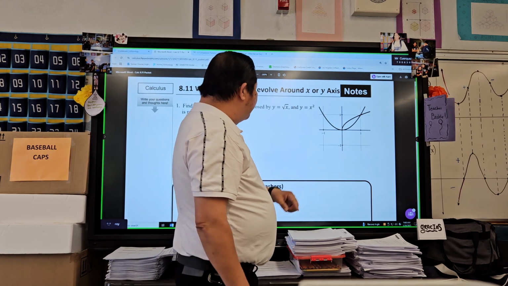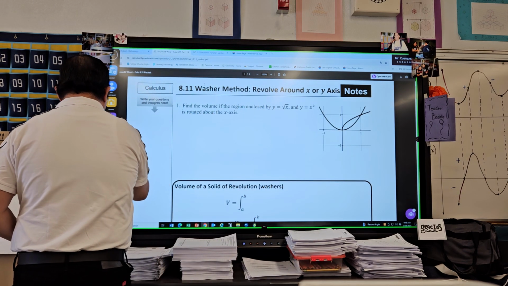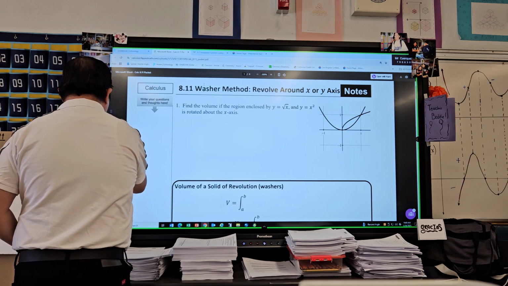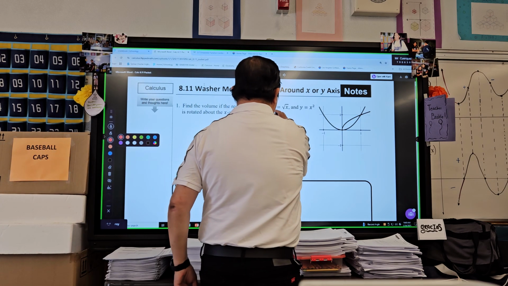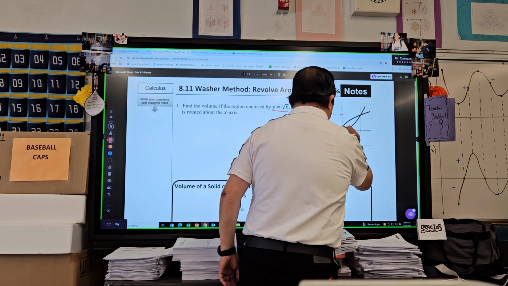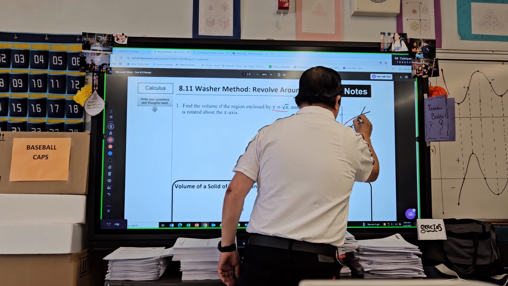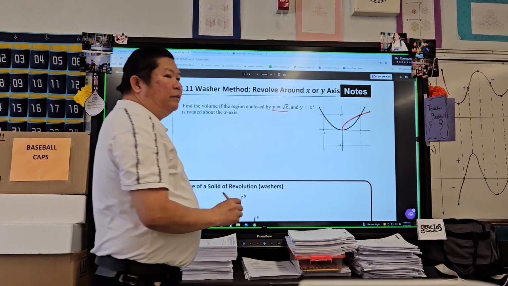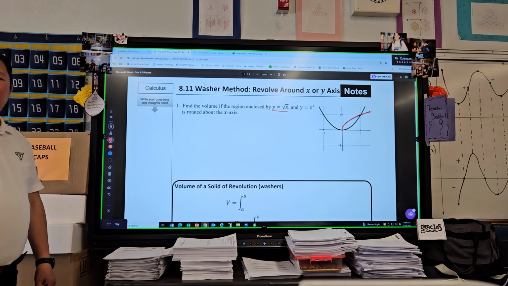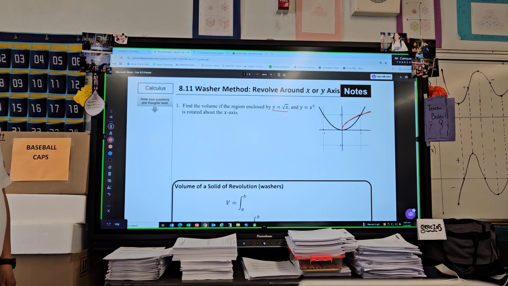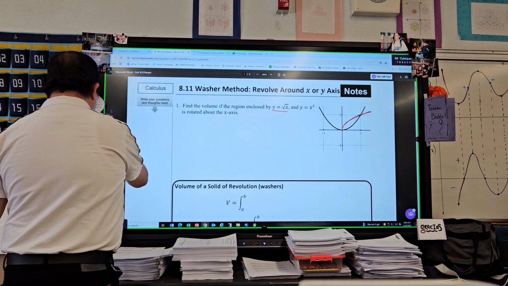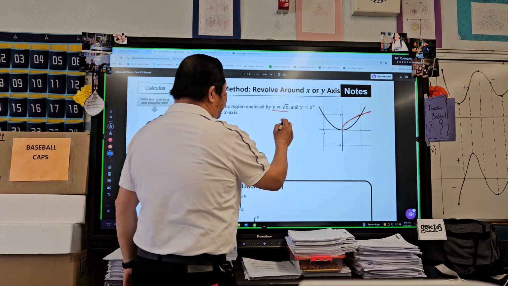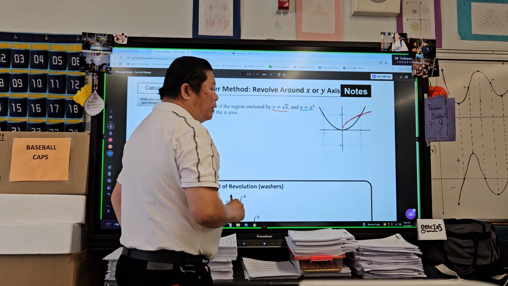So the graph of square root of x would be, I'm gonna have a red graph for this particular function. The red color is the graph of y equals square root of x. And we have y equals x squared, or the parabola.